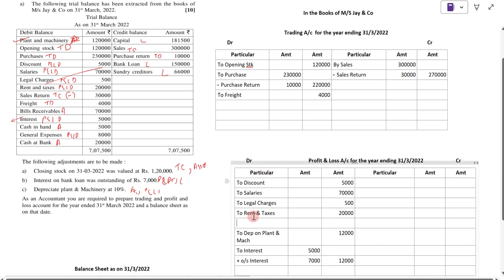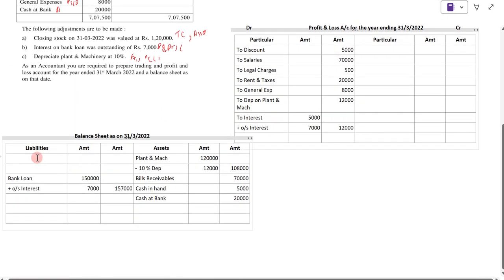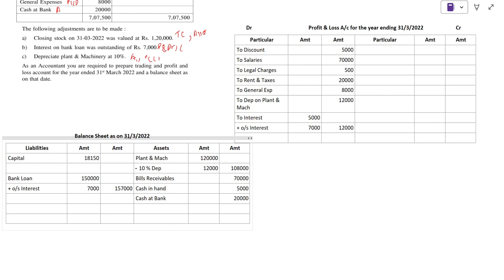So profit and loss account debit side, to journal expenses 8,000. Okay. Now in the credit side we have capital 1,81,500. So it will go in liabilities. Capital 1,81,500.